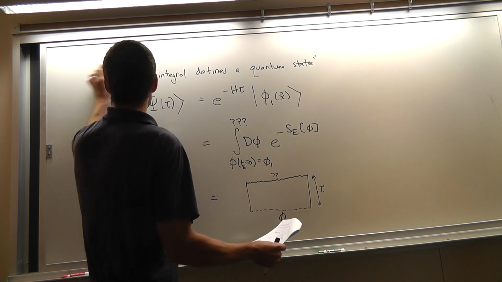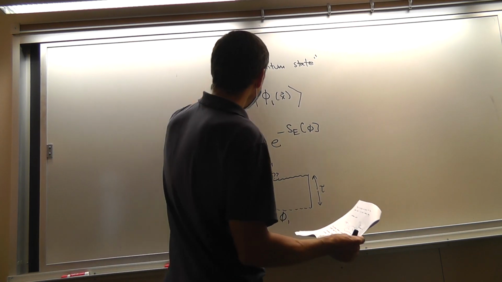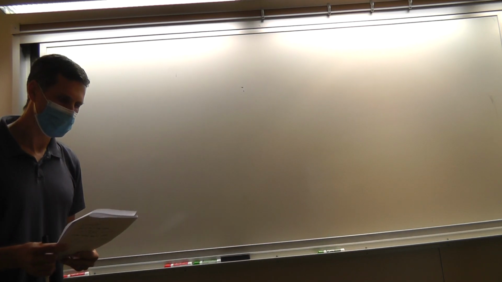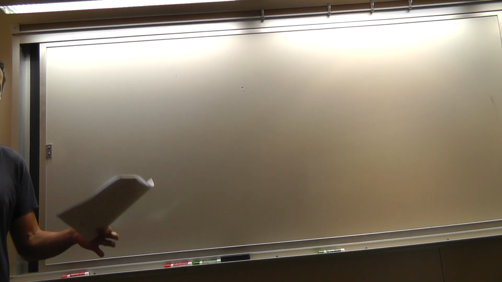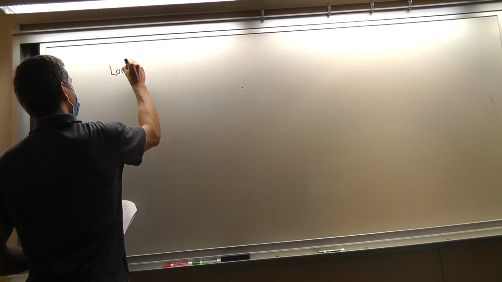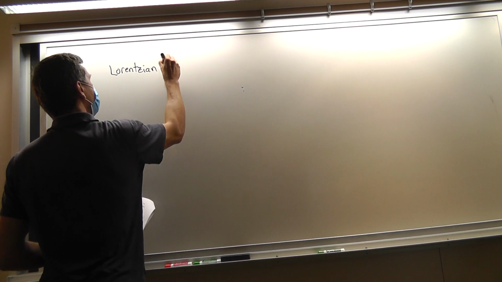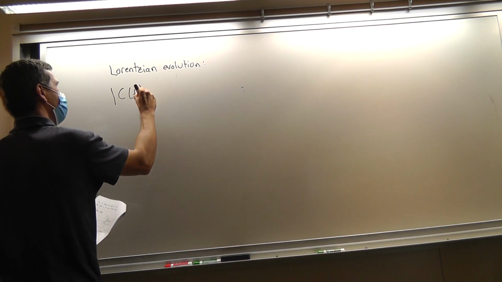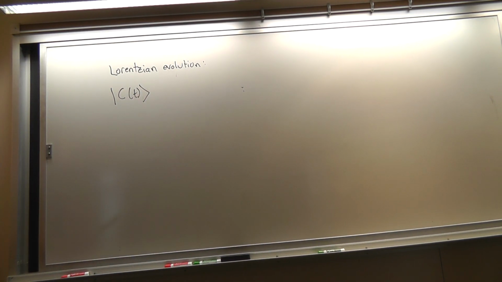Okay, so in particular, I'm drawing all these Euclidean pictures, but these Euclidean pictures that I'm drawing define states in the physical, real-time Lorentzian theory, the one that we live in. Well, if we happen to live in 2 dimensions or whatever field theory we're writing. Okay, so in particular, just to emphasize this, we can take our state C and evolve it in Lorentzian time. It's a state in the quantum field theory, and one that can undergo ordinary time evolution.